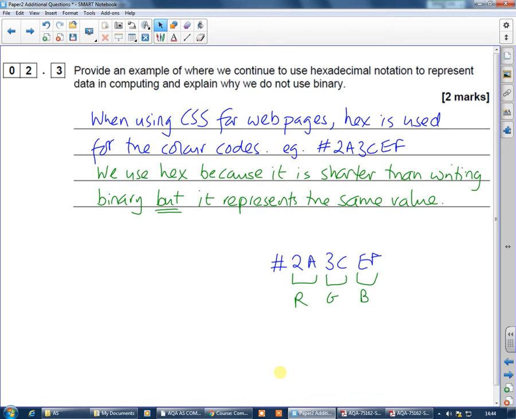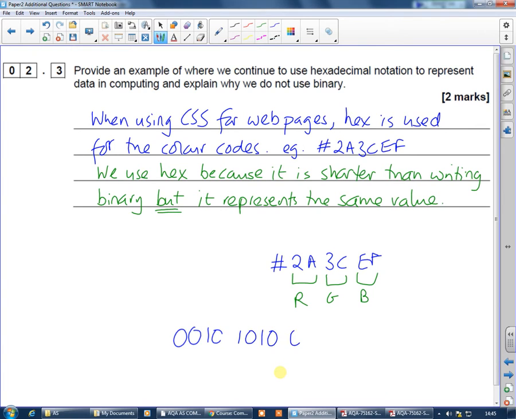So in this example, if you're not clear still, we would be using 24 bits. I would have a nibble for 2, which would be 0, 0, 1, 0. A nibble for A is 10.